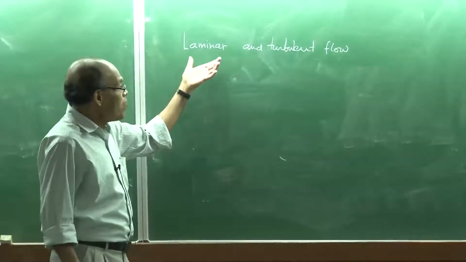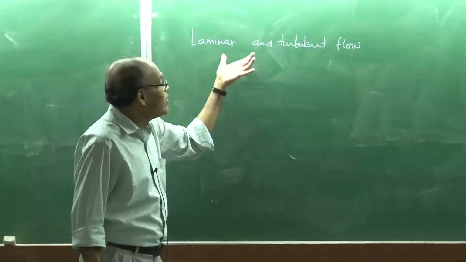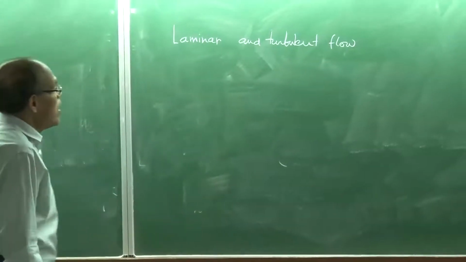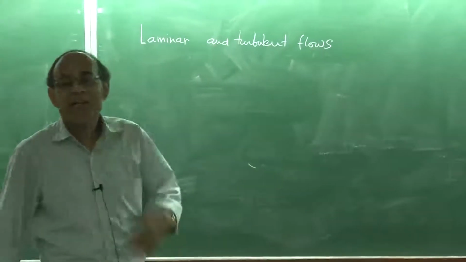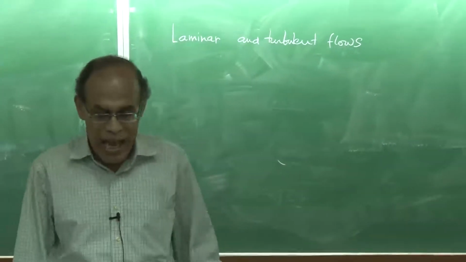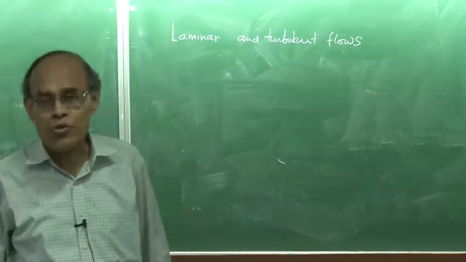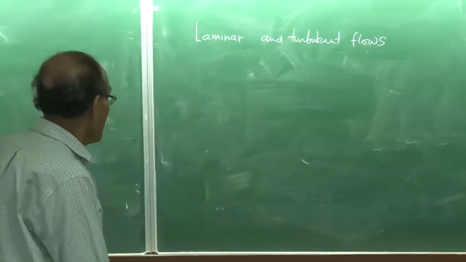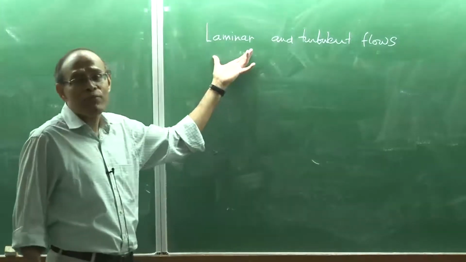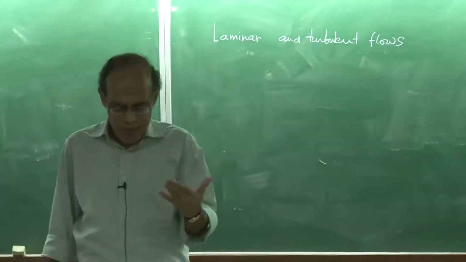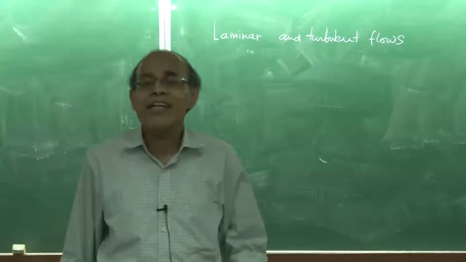Now, I want to talk about laminar and turbulent flows, and I also want to tell you the practical difficulties in applying the exact form of the Navier-Stokes equation to turbulent flows. Laminar flows, for example, I have shown that we can simplify under various categories.